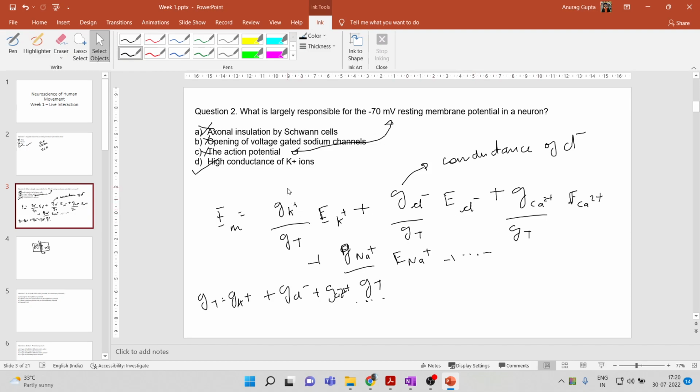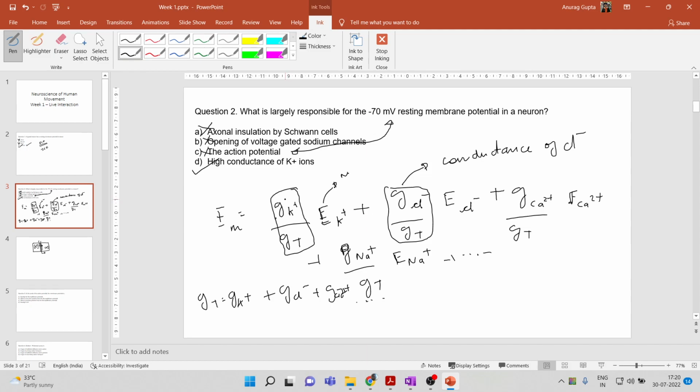Now at resting membrane potential, at rest, the conductance of potassium across the cell membrane is the highest. Hence, this particular ratio is the highest amongst all these ratios, hence the weight of this Nernst potential is the highest. Hence, EM will be closer to the Nernst potential of EK plus.